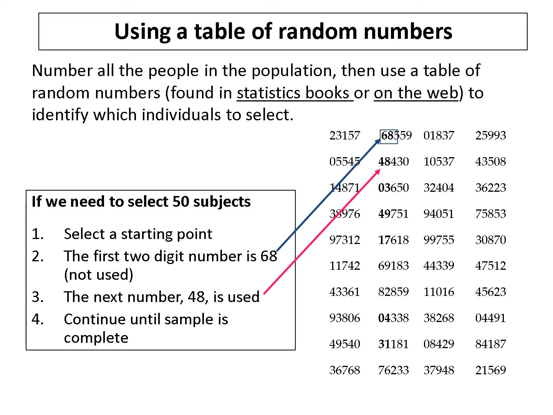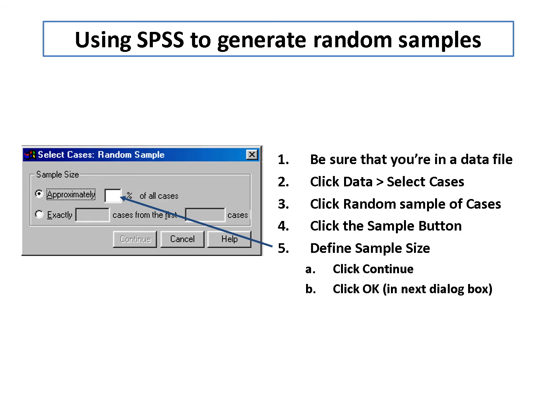The first two-digit number is 68. We can't use it because the population is 50. So the next number is 48. As we see, we can use this number and then continue until the sample is complete. Also, we can use SPSS, the Statistical Package for Social Science program, to generate a random sample.